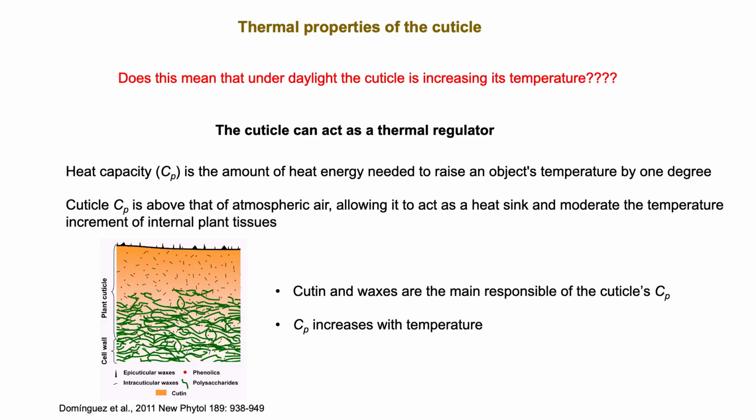And the most interesting thing is that the heat capacity increases with temperature, because if the heat capacity did not increase with temperature, then as the temperature increases, the whole thing would become very hot. However, the ability to absorb heat without changing its temperature, for the cuticle, increases with temperature.